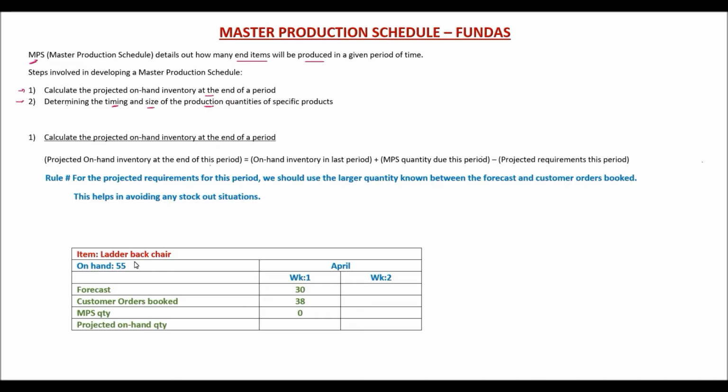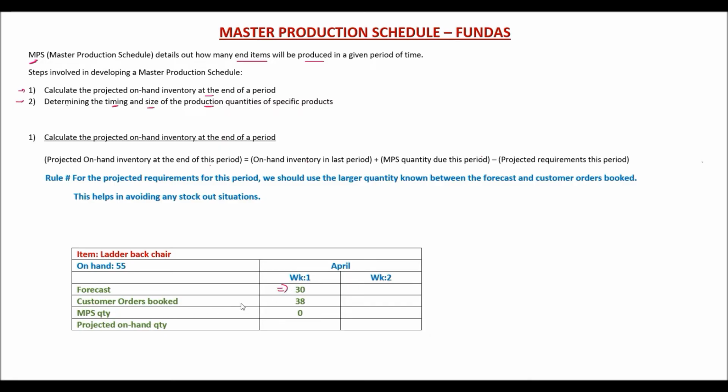And the manufacturer of this chair produces the chair to stock and needs to develop an MPS for it. Now we are saying that this guy is manufacturing to stock. Now marketing has forecasted a demand of 30 chairs. So forecast here is 30.